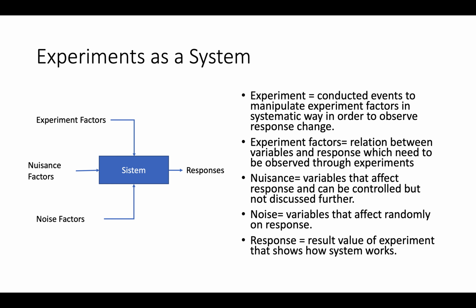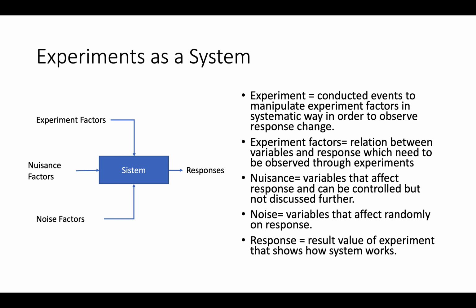These are the factors whose values are varied throughout the experiment. The second one is the nuisance factor. Nuisance factors are the variables that affect the response and can be controlled but will not be discussed further. The third one is the noise factor. The noise factor is the variable that affects the response randomly and cannot be controlled.